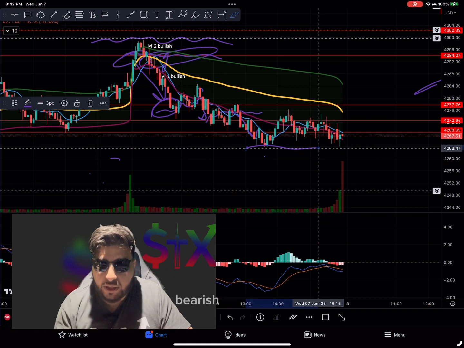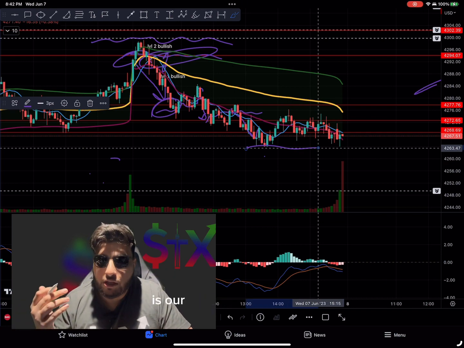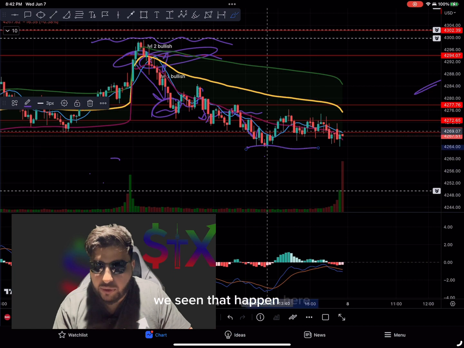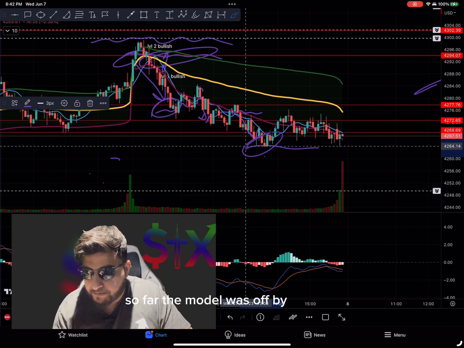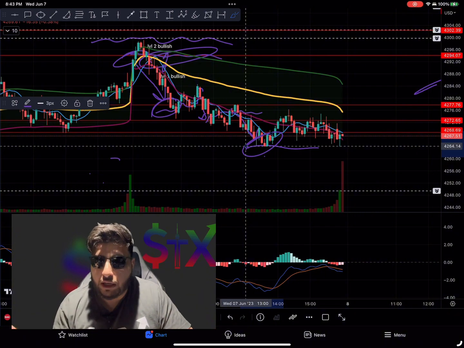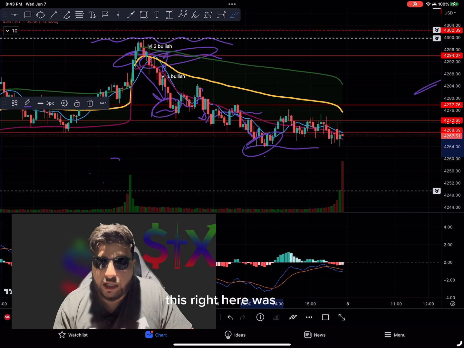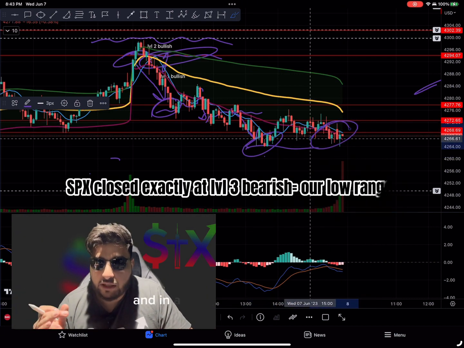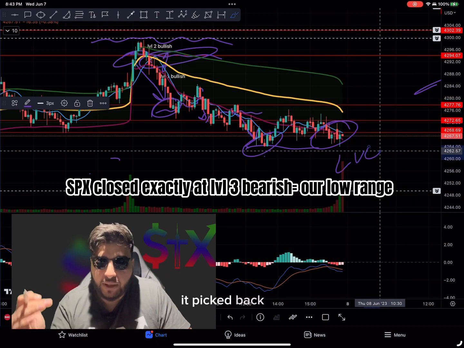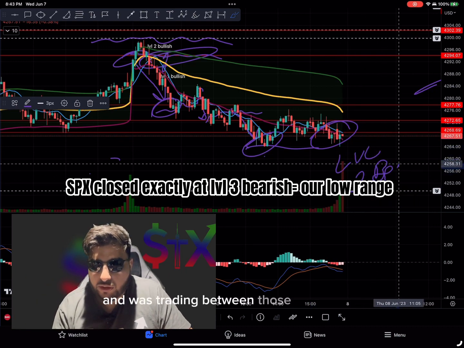Now, level 3 bearish once again is our lowest bottom range. We've seen that happen here. So far the model was off by 5 points, but you get the point, because the market held that level very well, and in a very short period of time it picked back up and was trading between those 2 ranges.